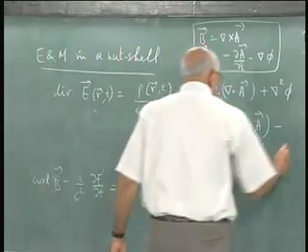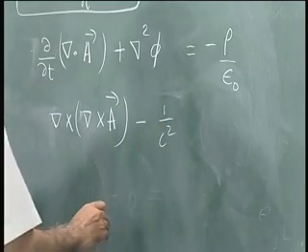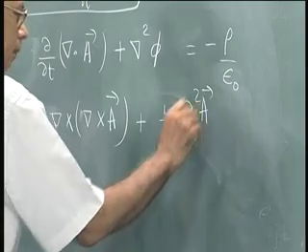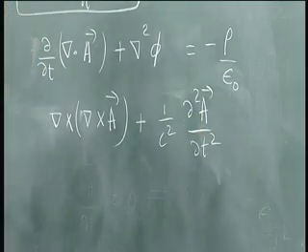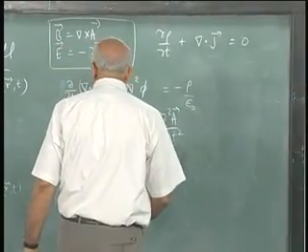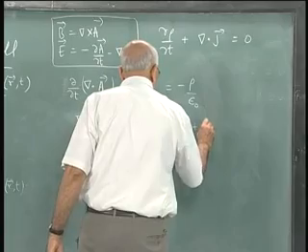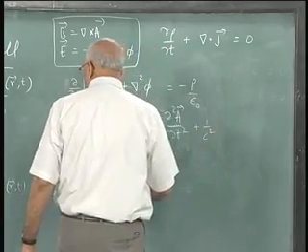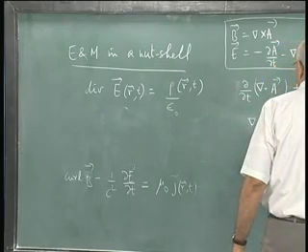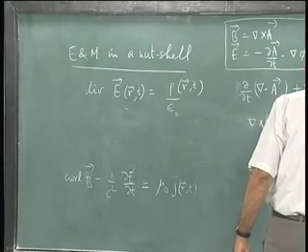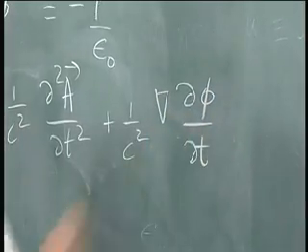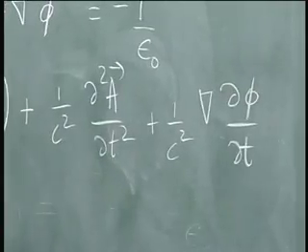So this is equal to minus 1 over c squared, the time derivative, but you have to differentiate a second time, that becomes a plus, delta squared A over delta t squared, plus 1 over c squared delta E over delta t, that is, gradient of delta phi over delta t, equal to mu naught j.